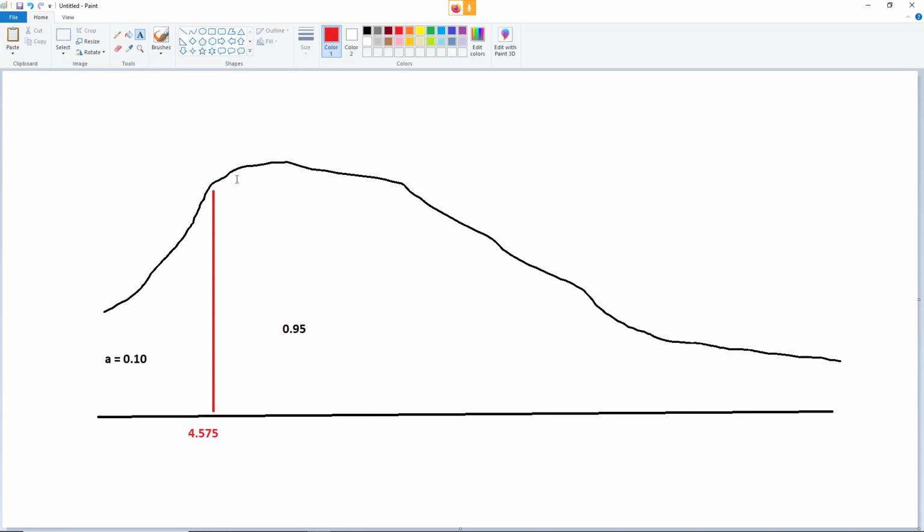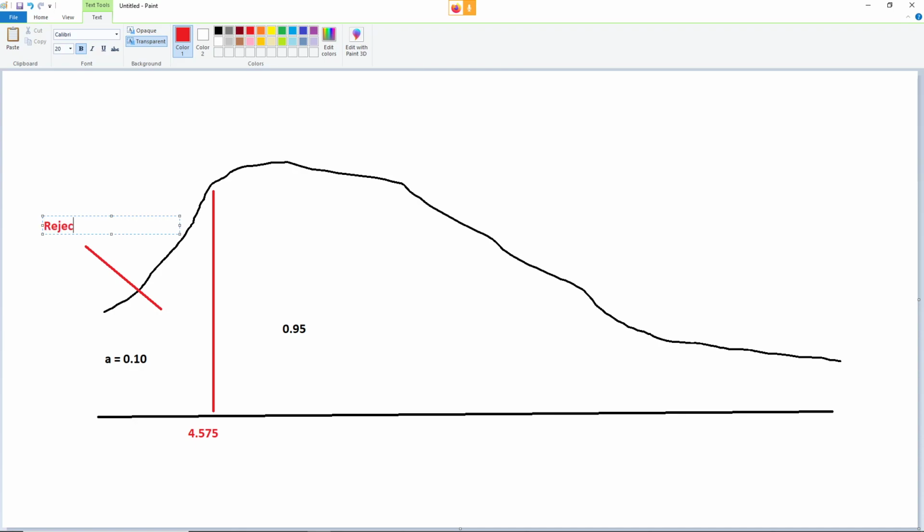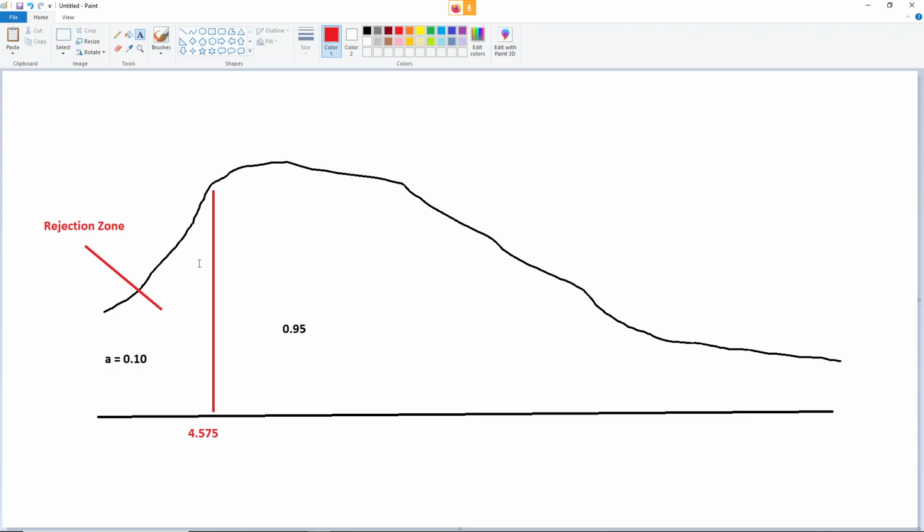So basically, whatever results we get from the information we're going to get later, it would either fall to the left or the right of this, right? And remember, just like before, the left-hand side represents the rejection zone. So this right here is the rejection zone. If your test statistic falls to the left of this line, you will reject the null hypothesis. On the right, you will fail to reject.